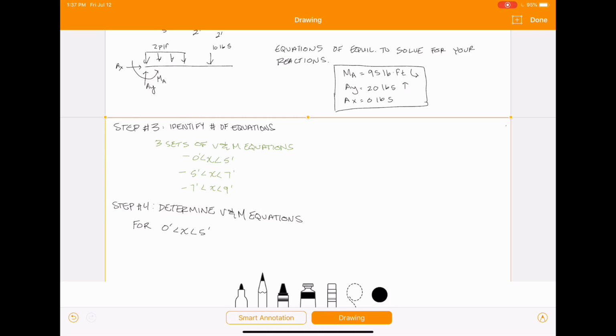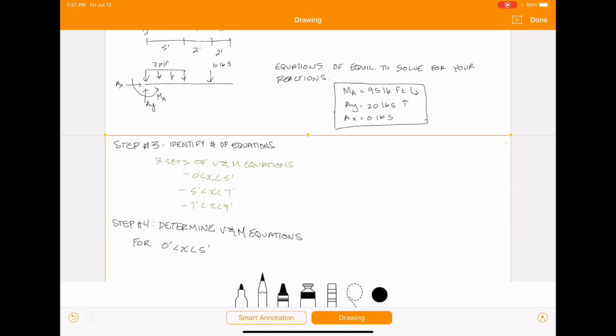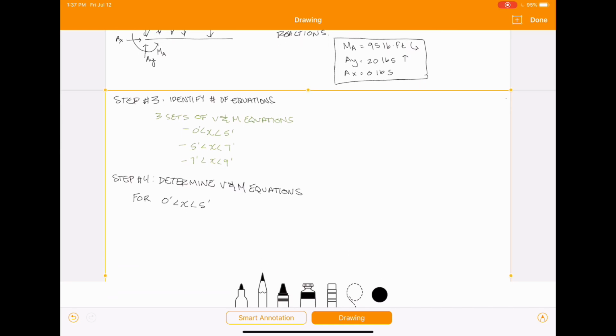Now this distance x refers to where we're going to be cutting our beam. At what point of the beam are we trying to find the shear and moment?